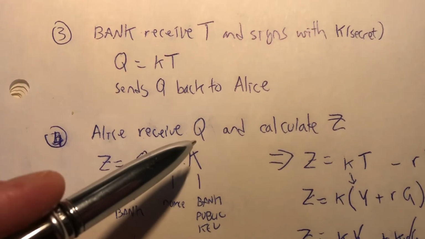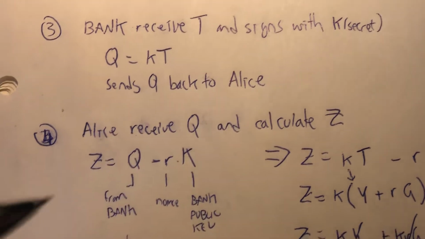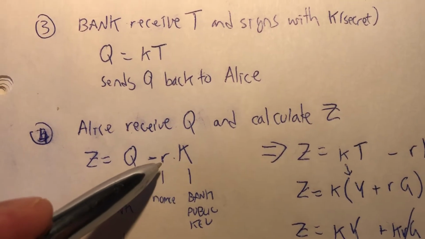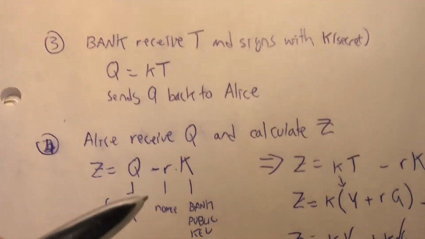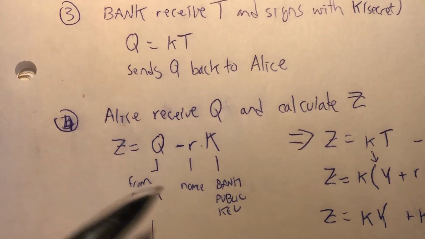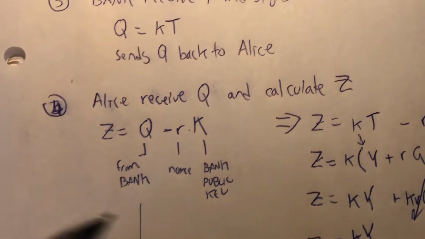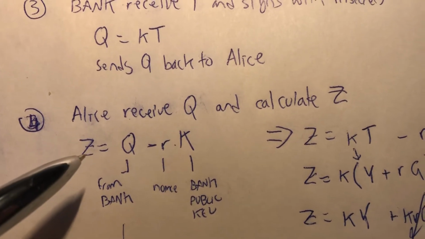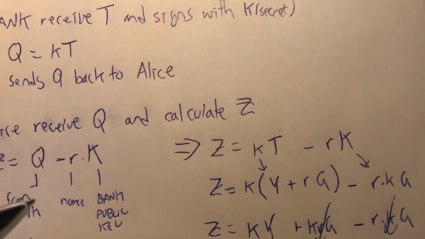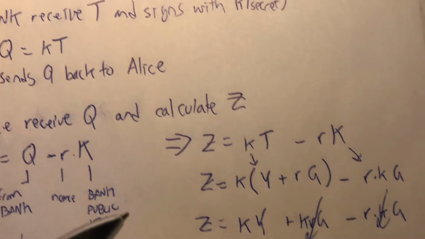So Alice receives Q, and then she unblinds it. What she does is calculate a Z. Z is basically Q minus r times the public key of the bank, using the random number she generated in the previous step. This is pretty difficult to understand. It took me quite a while to understand what was going on here. But if you start substituting, Z is kT minus rK.